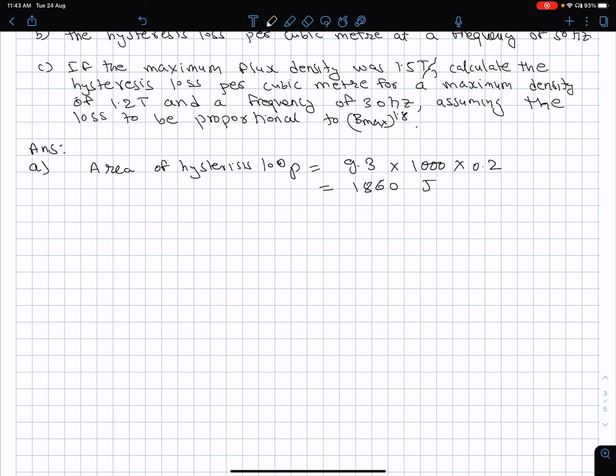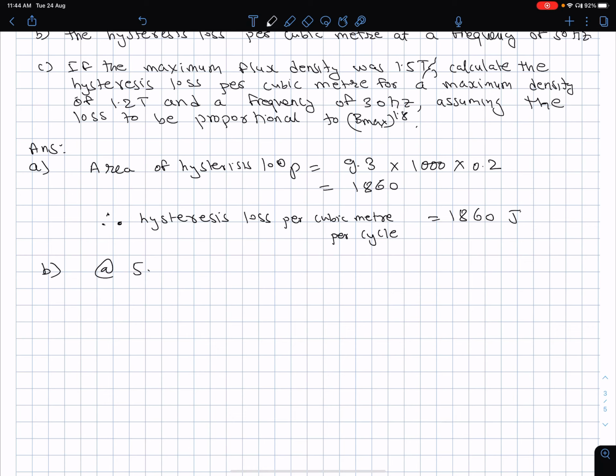So the area of the hysteresis loop is 1860. I'll write it here, and I'll therefore say that the hysteresis loss per cubic meter per cycle is going to be equal to 1860 joules, and hence at 50 hertz the hysteresis loss will be 1860 into 50 joules per cubic meter.